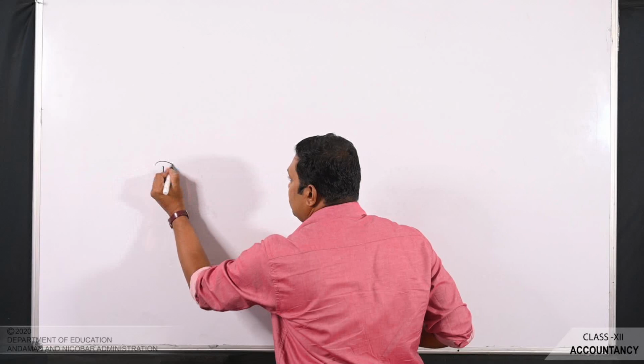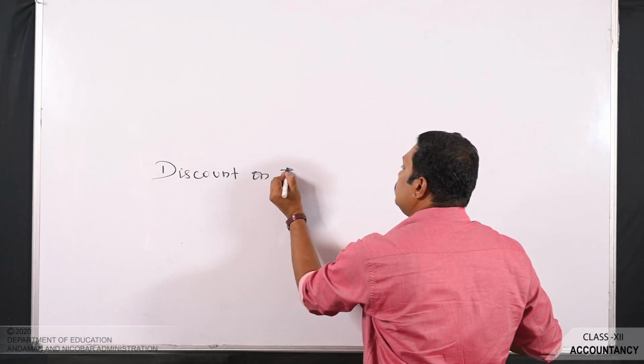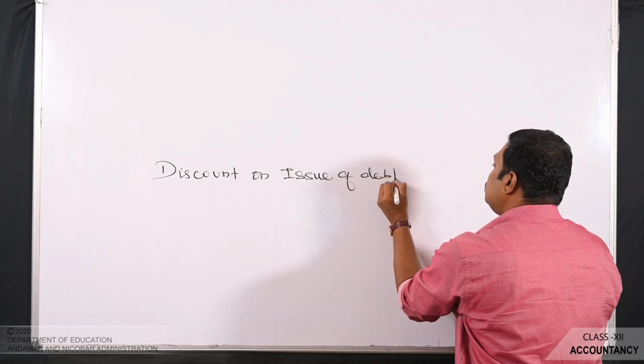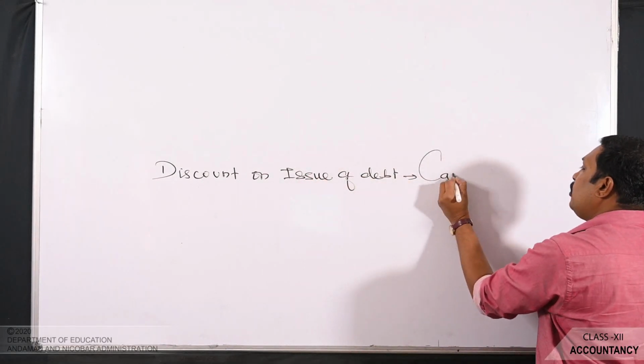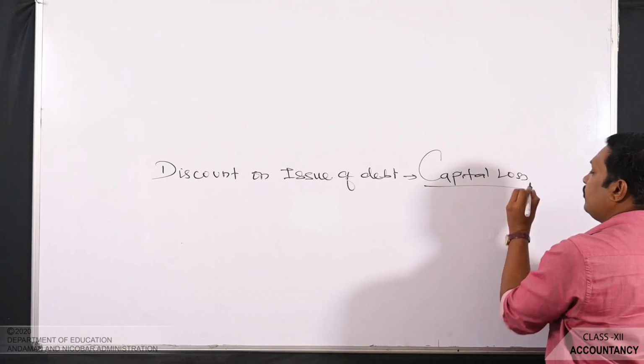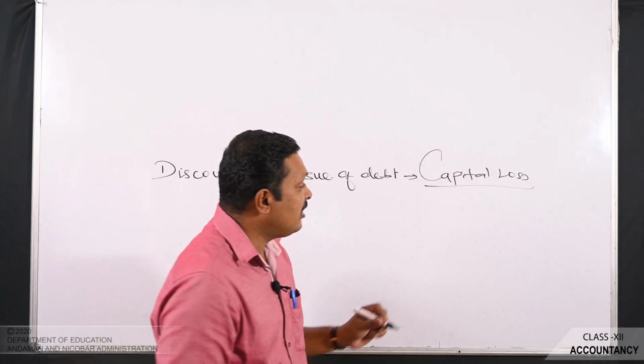What's that? Discount on issue of debenture is a capital loss. Got it? So it is a capital loss. So where will it be shown?